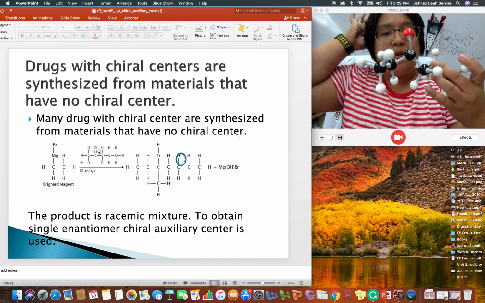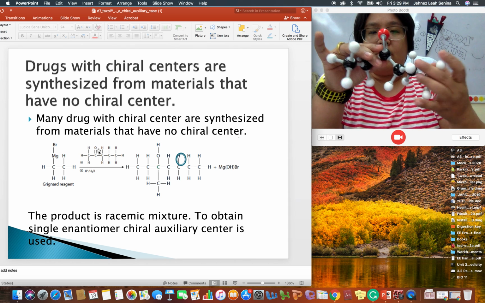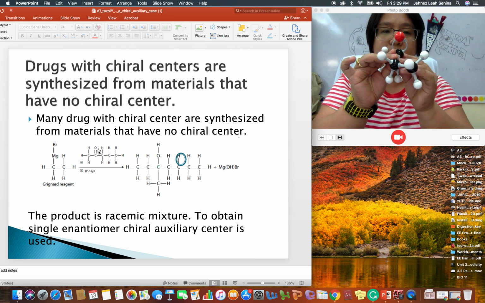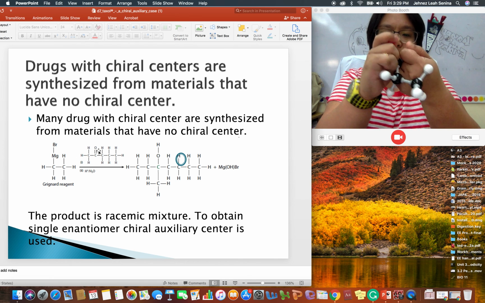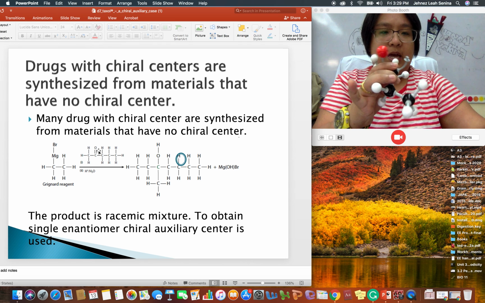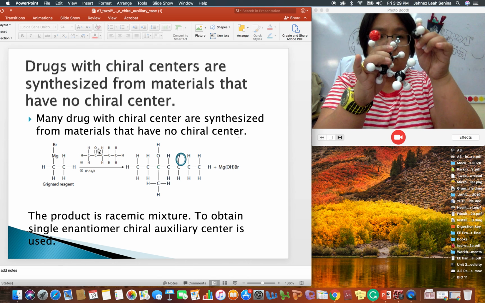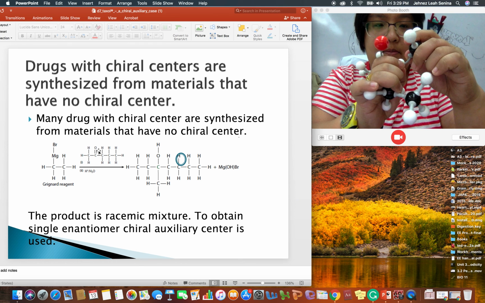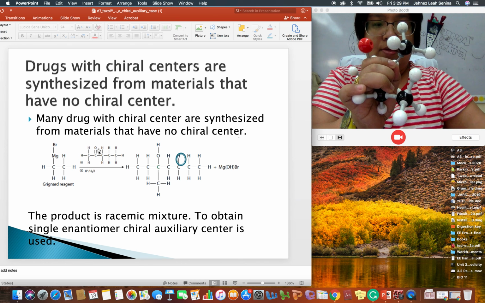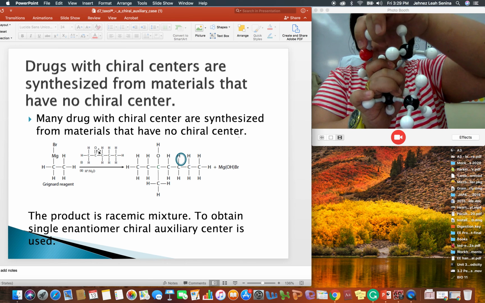To add a group, we can break this bond from the top face, attach this group, just to be clear, here, and then attach the OH here.